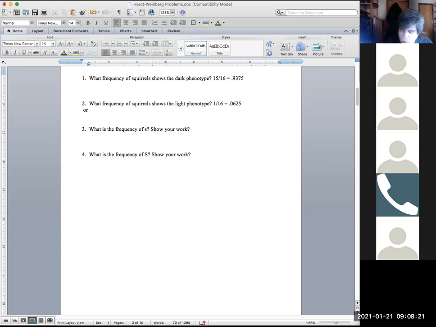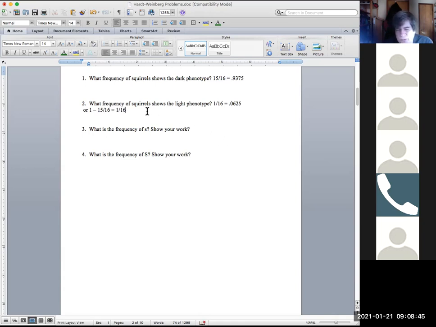We could take 1, which is the total of all the frequencies for the phenotype, and we could subtract 15/16, the frequency of the dark colored squirrels, because they're either dark colored or light colored. So basically the light colored ones are what was left over.